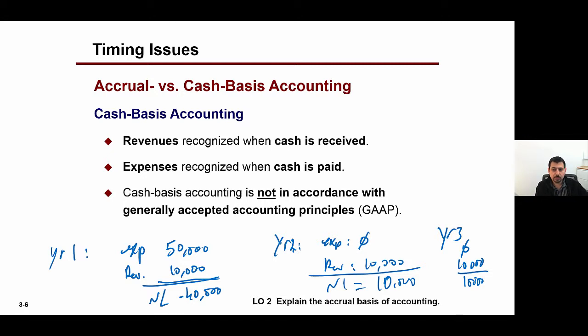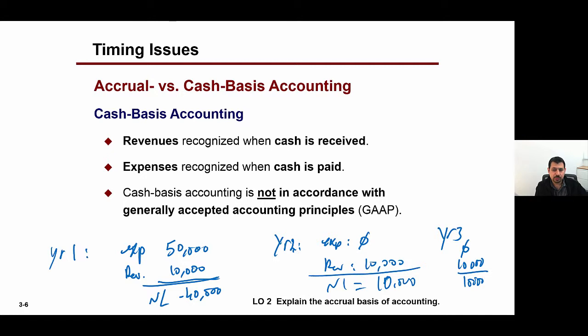Now, however, cash basis accounting is sometimes appealing because it's very simple. It's very easy to do the math here. You receive cash, you recognize the revenue, you pay cash, you recognize the expense. But whenever you make a sale without receiving cash, you don't have, for example, receivables.